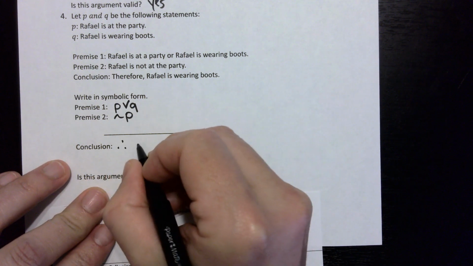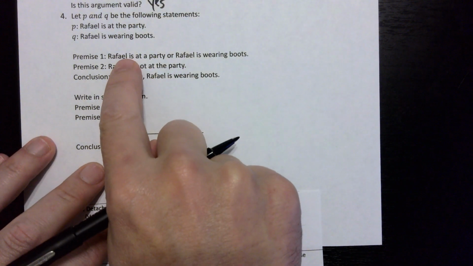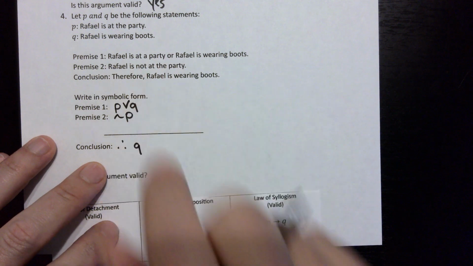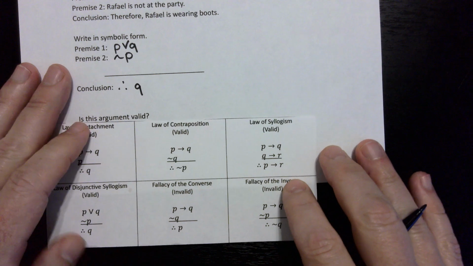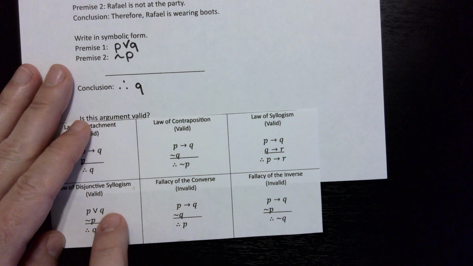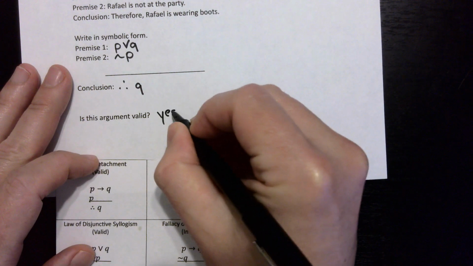Therefore, Q. So remember it says Raphael is at the party or he's wearing boots. If he's not at the party, it should follow that he is wearing boots, but let's confirm. Let's look in our laws, and it looks like it's right here. The law of disjunctive syllogism. It's this one and it says it is valid. So yes, and that's it.